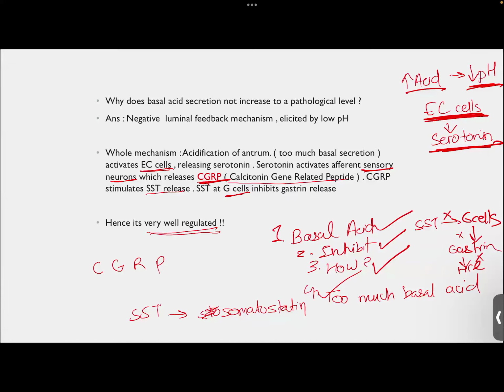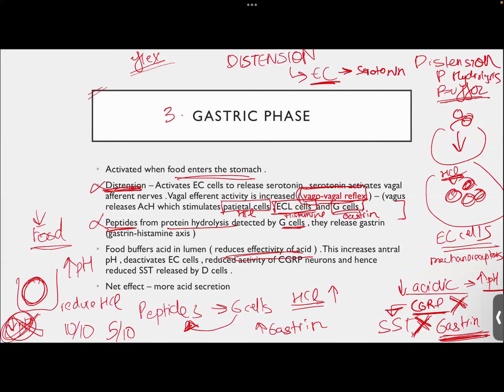But in this case, what do we have? We have a high pH, right? Because the food is making the HCl less effective. So this whole pathway is cancelled. It's gone, okay? Which means no CGRP, no somatostatin, no inhibiting gastrin, which means gastrin is going to be present. It's not going to be inhibited. And if we have gastrin, that means we have hydrochloric acid through the gastrin-histamine axis. So these three things work together and we have more acid.